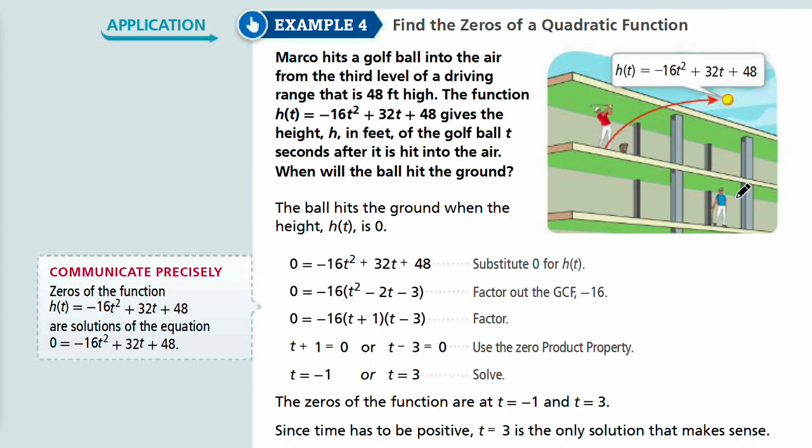So we have a function to find the height in feet of the golf ball here, right? And so we want to figure out using this function when the ball would hit the ground. So he started above ground, so that's not going to be starting from 0, 0.